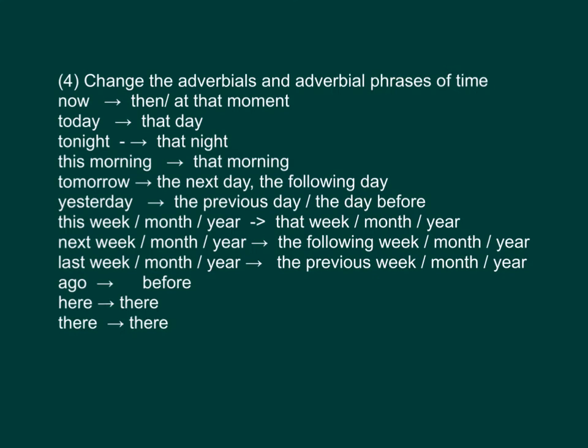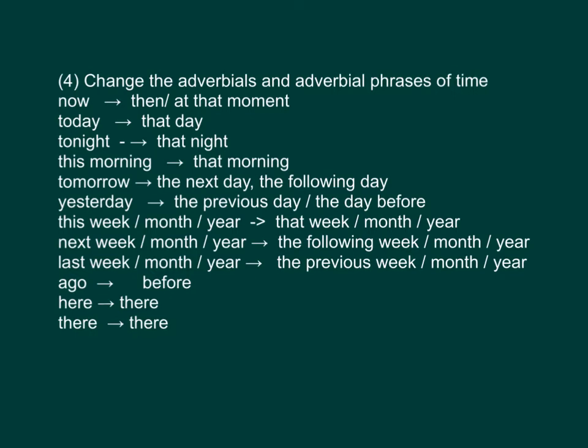For the fourth step, you can change the adverbs and adverbial phrases of time. Now changes to then or at that moment. Today changes to that day. Tonight to that night. This morning to that morning. Tomorrow to the next day or the following day.